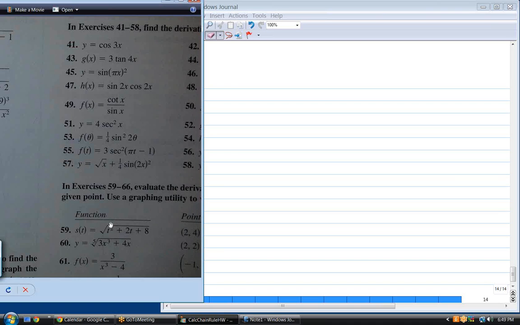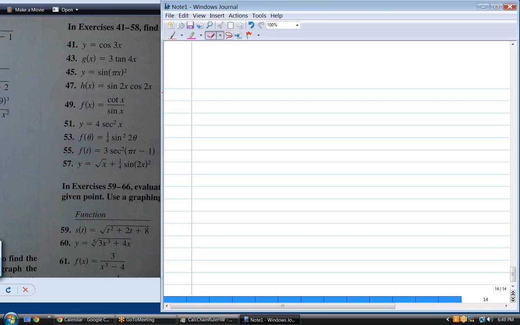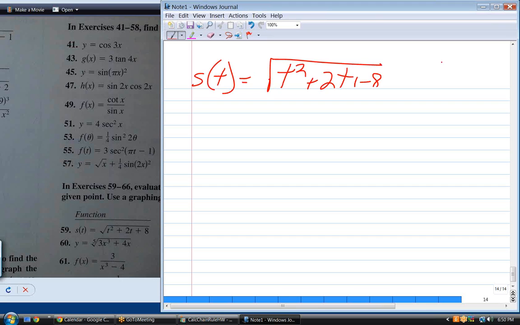That's good enough practice for the chain rule. But in the meantime, let's go down and look at 59. The instructions on 59 say, evaluate the derivative of the function at the given point. In this case, the given point is 2, 4.